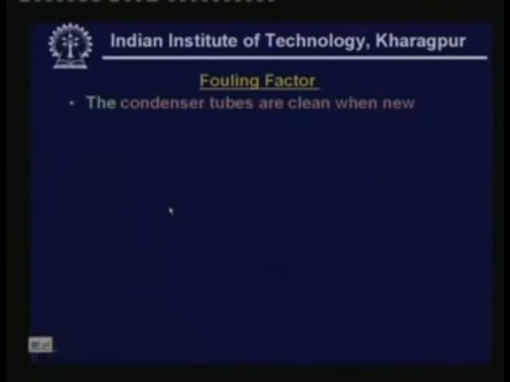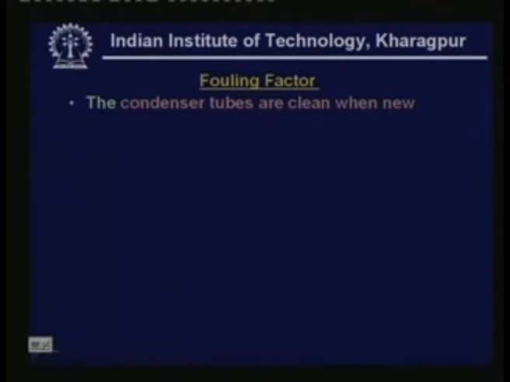Now let us look at the other factors. I was discussing about the fouling factor. Generally the fouling takes place when we are using water cooled condensers, because on air side the fouling is generally less. So whenever we are using water cooled condensers, normally fouling occurs on the water side.